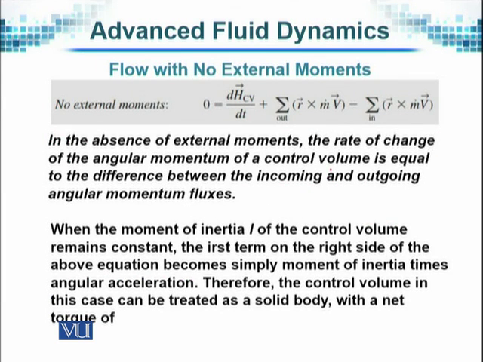If no external moment exists, then the left hand side will be 0, and on the right hand side we will have the remaining term that appears, and again we have d by dt in case there is change with respect to time. If there is none, it will be 0.